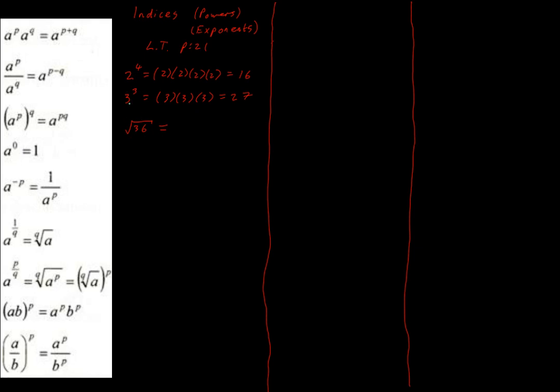With a square root, it's what number do I multiply by itself to end up with 36? Well, I know that 6 squared is equal to 36. So if I multiply 6 by itself, I get 36. So what number must I multiply by itself to get 36? 6. So this is how our square roots work.